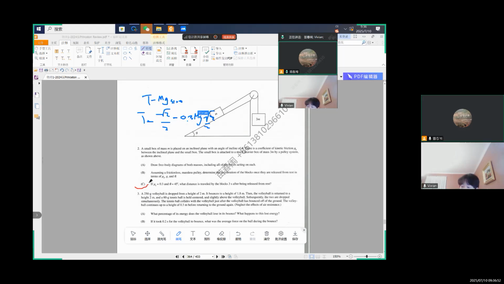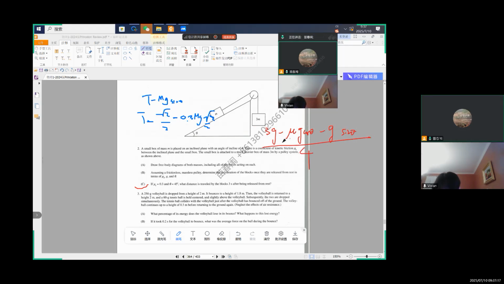Wait, do you need B's answer? Actually, when we use B's answer, that'll probably be easier. Yeah, that is 3g minus mu g cos theta and minus g sine theta, all divided by 4.